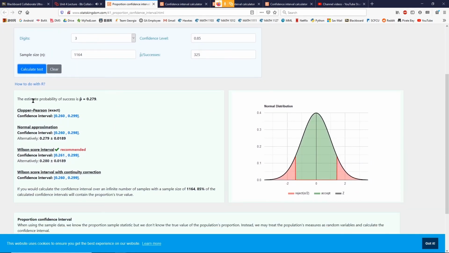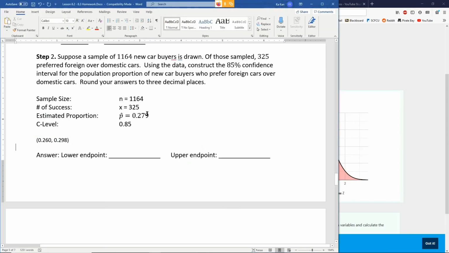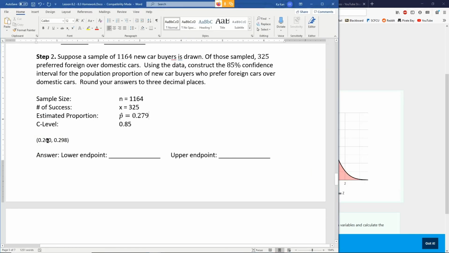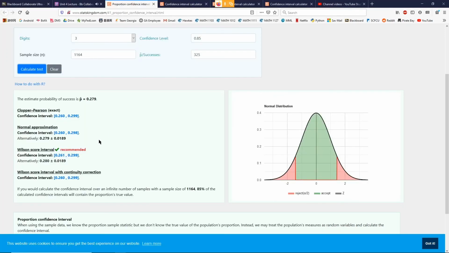First they say the estimated probability of success is 0.279, which is what we have here. Then we are going to use the Wilson score interval. There are different ways to approximate this, but we'll use this one: 0.261, 0.299. It's close enough on your test, or maybe we should use the normal approximation.